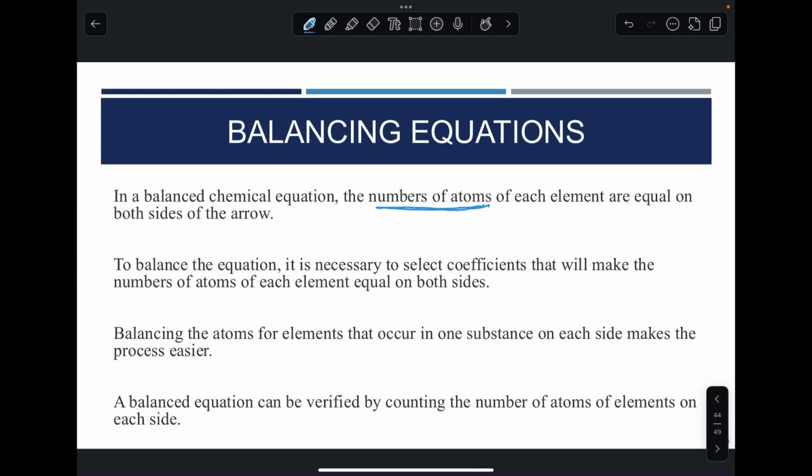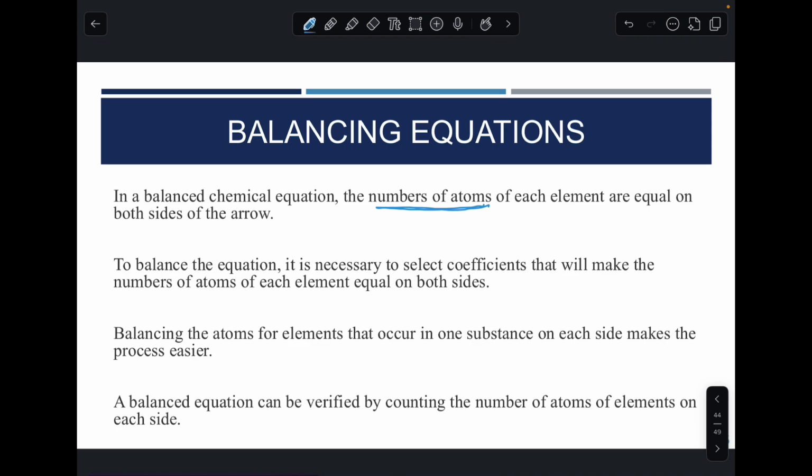To balance the equation, it's necessary to select coefficients that make the numbers of atoms of each element equal on both sides. That's where you start to get the large 2's and the small 2's and all the large and small numbers. We need to make sure that each of the elements of one substance or another is balanced equally, and that's very important.